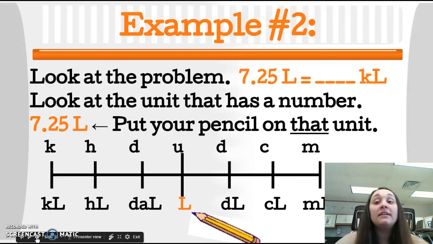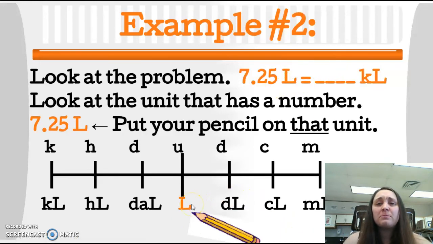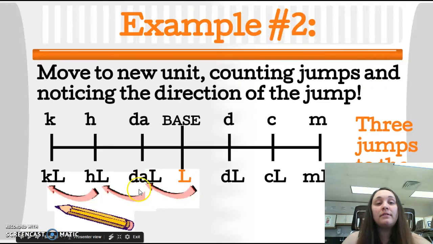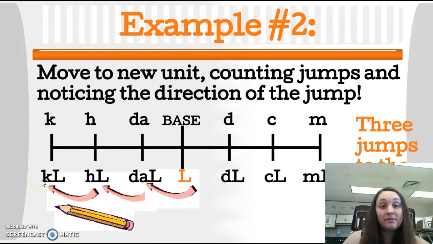7.25 liters. How many kiloliters is that? So the first thing you're going to do is put your pencil on the base unit, because as you'll notice, it's only one letter. And then you're like, where am I supposed to go? Well, it says KL, so that's kiloliters. So that's over here. Okay, so take your pencil, and you're going to go 1, 2, 3. 3 jumps to the left.